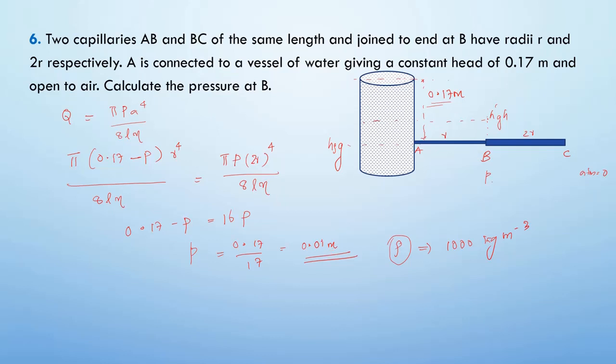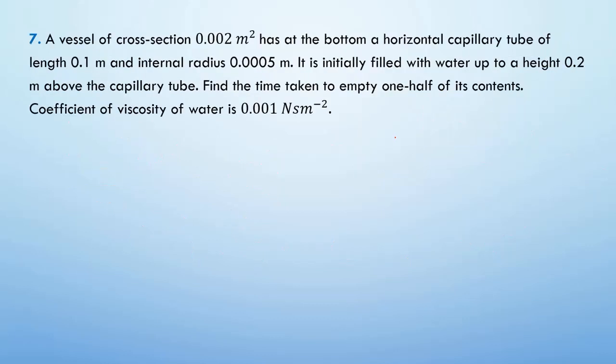Since we do not have this information in the question, we should say that the pressure at B is equal to the pressure created by a water column of height 0.01 meter. Hope I am clear for you. Let's move on to the next question.